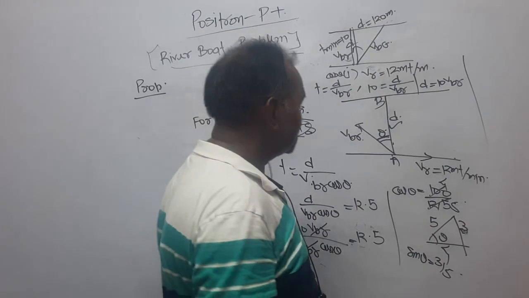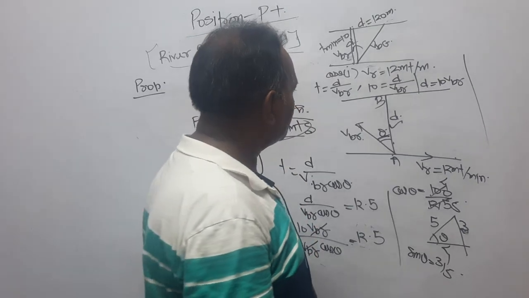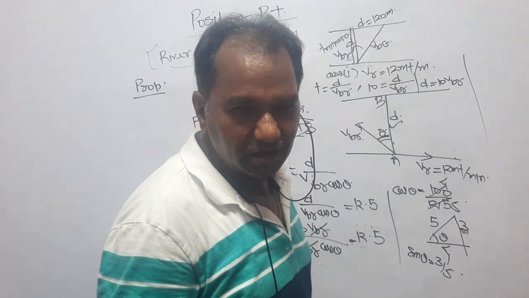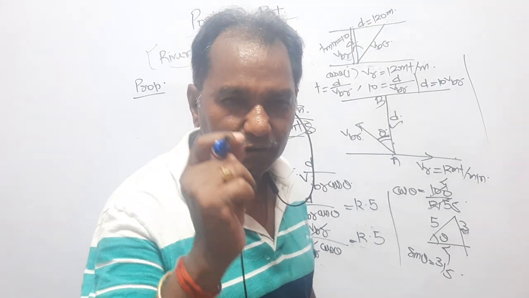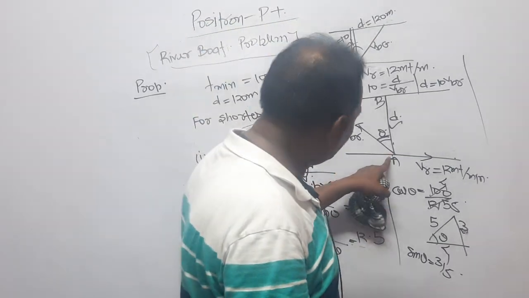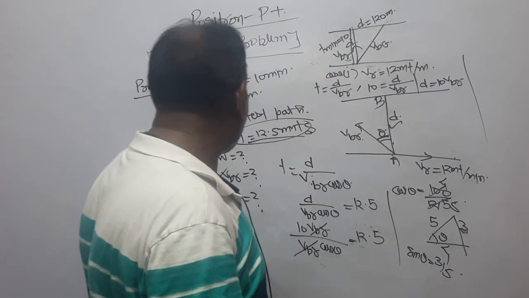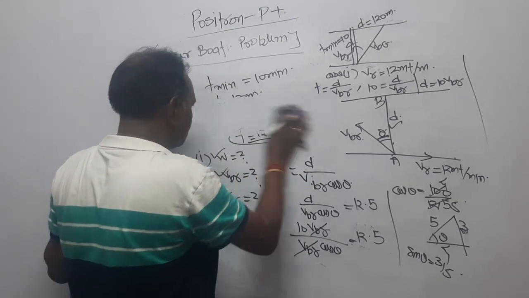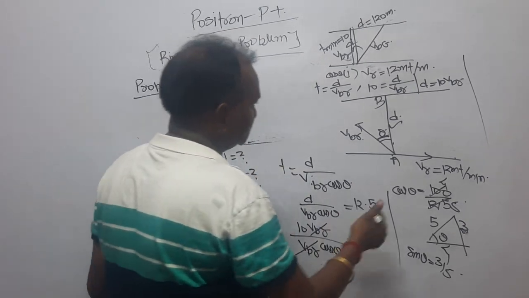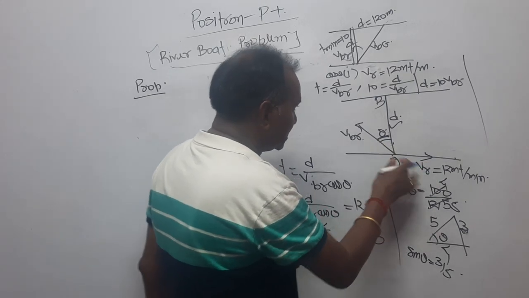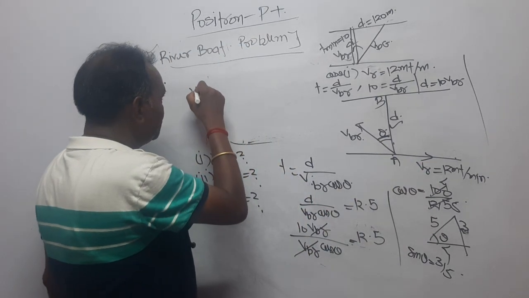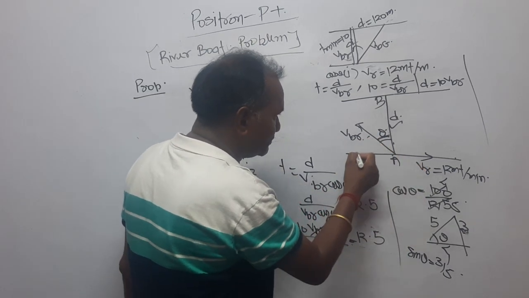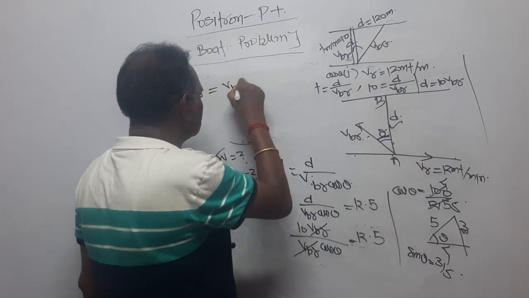Now, dear student, the condition is that the man has to reach from A to B. It means the horizontal component of velocity should be 0. Only then can it reach from A to B. So the net horizontal component will be VR, or you can say VR is equal to VBR sin theta.